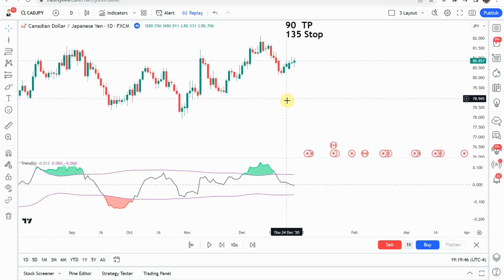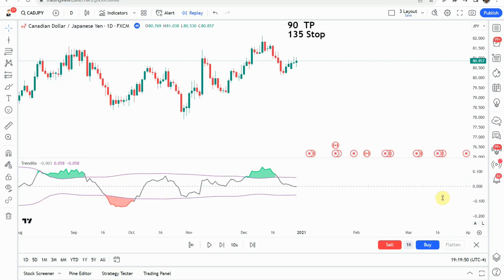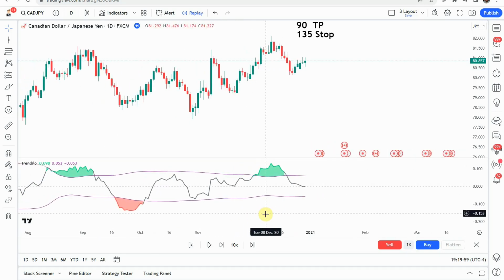Now what we're going to do here on the third test is we are actually going to look for the plot line to break above or below that upper or lower band, just like before, but unlike before, we're going to take that for a sign of momentum.